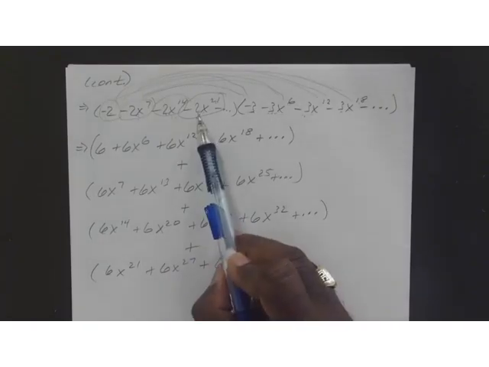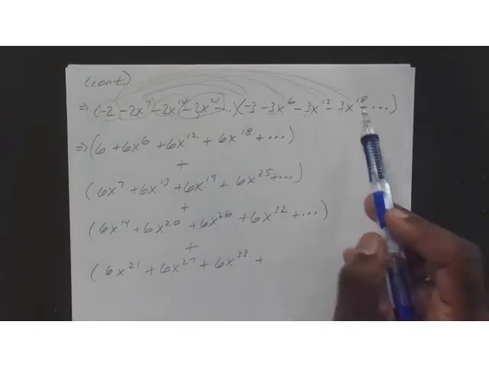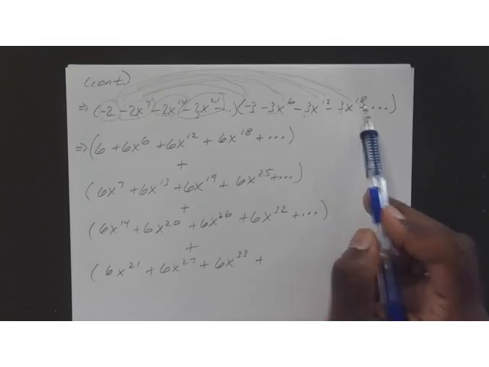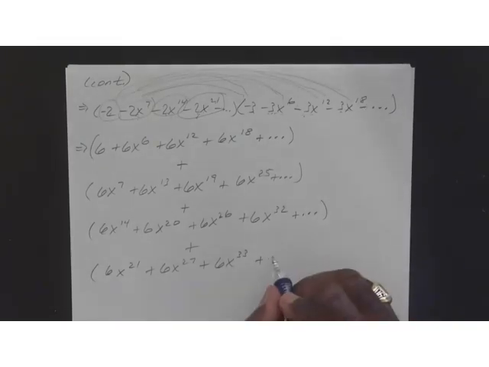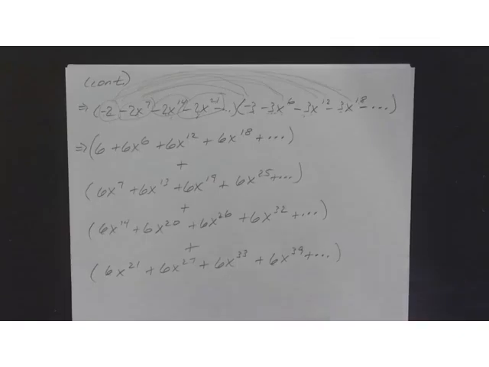Plus, we have -2x to the 21st times -3x to the 18th. That's the 6x to the 39th. And it keeps on going, but we do not care about that.